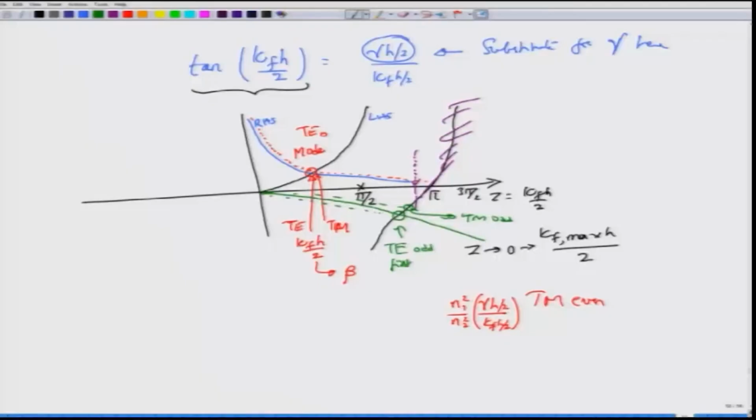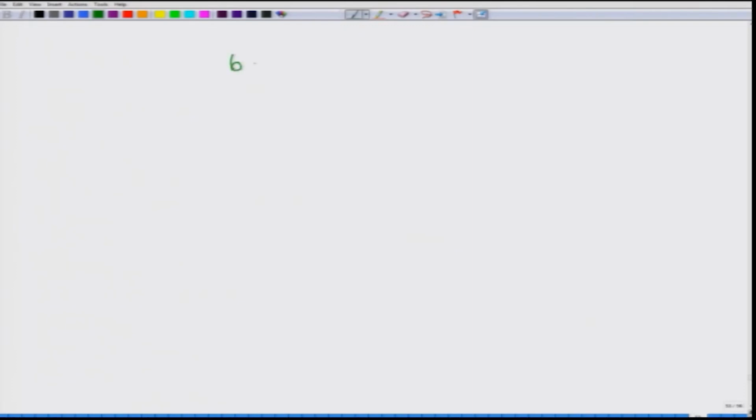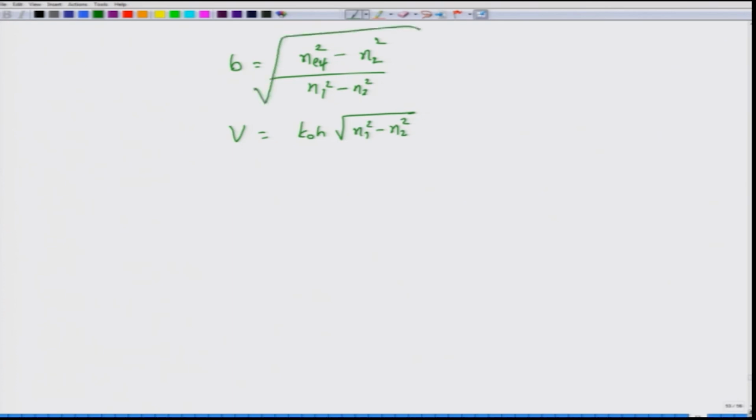There is one additional method, which is again a graphical method, in which, instead of considering kappa f and the corresponding values of beta, we normalize these values by defining a quantity B, which is essentially defined as the square root of n effective square minus n2 square divided by n1 square minus n2 square, and then we define V as k0h times the square root of n1 square minus n2 square.